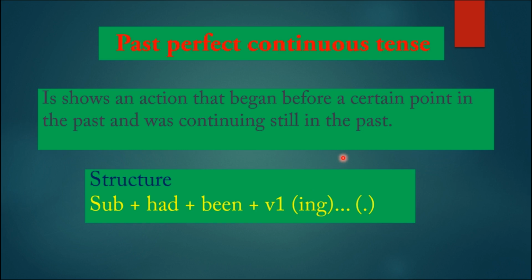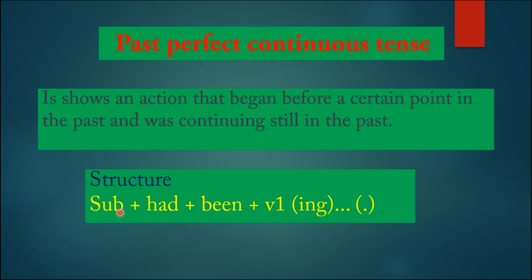With the help of the title: past means the action in the past time, perfect means completed, continuous means going on. Here it began in the past and it's continuing till some time in the past only. Simply I say, an action going on between two points of time in the past. That is the past perfect continuous tense.